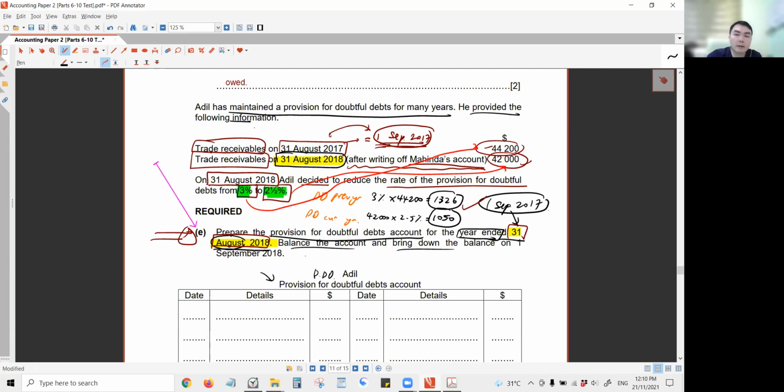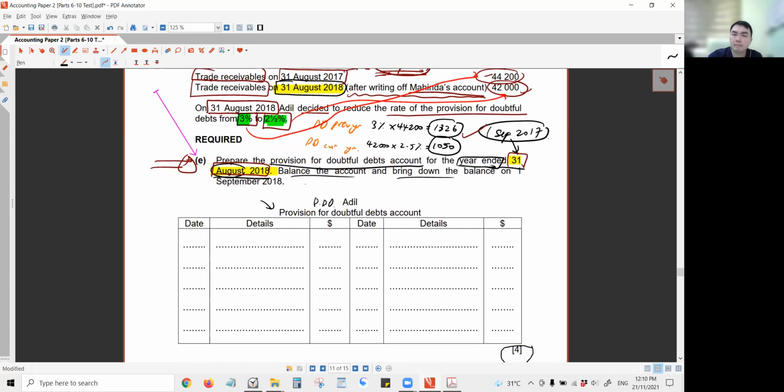Let me show you how to get the answers. You first record the initial doubtful debt here. Write balance BD. Don't get confused between this and the bad debts account. This is not a bad debt account. This is provision for doubtful debt account. We always balance it.